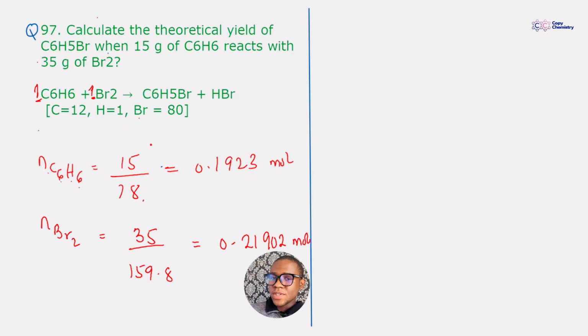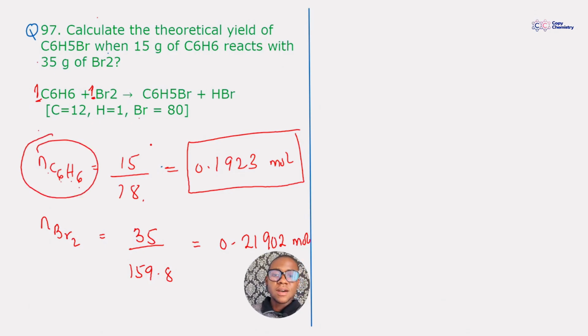But whatever you get, we'll then look at the two values and find out which of the values is smaller. In this case, it's going to be this one. That's the smaller one. That tells us that benzene is our limiting reagent. And this is a revision on how to calculate limiting reagent. I hope this is clear.